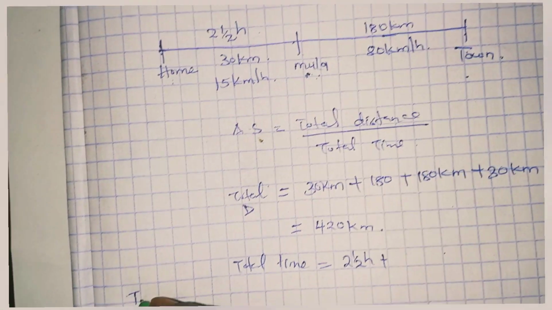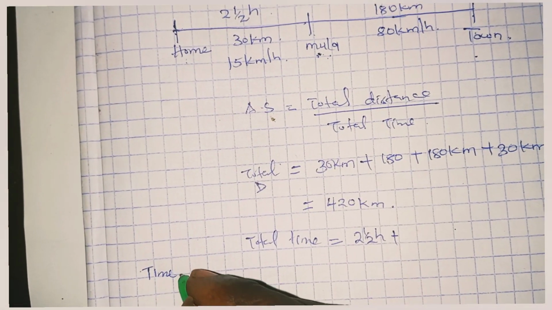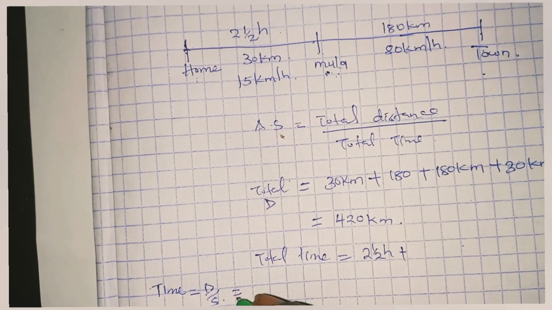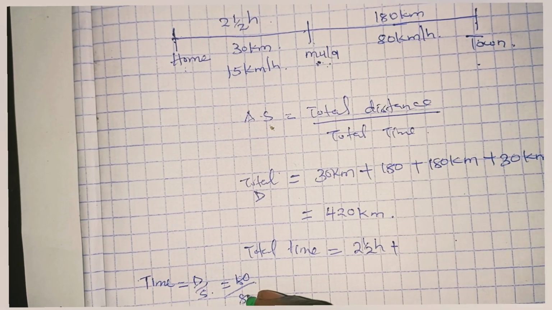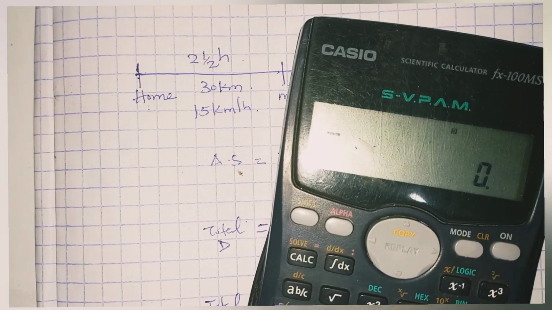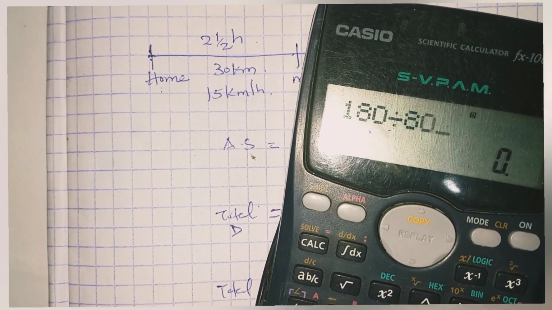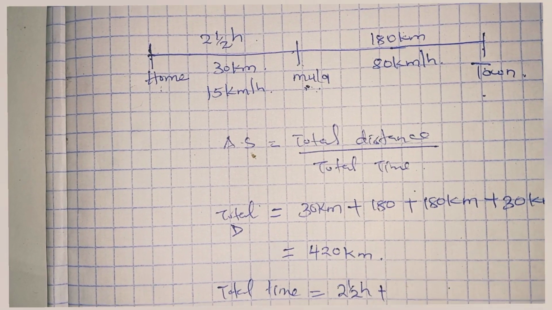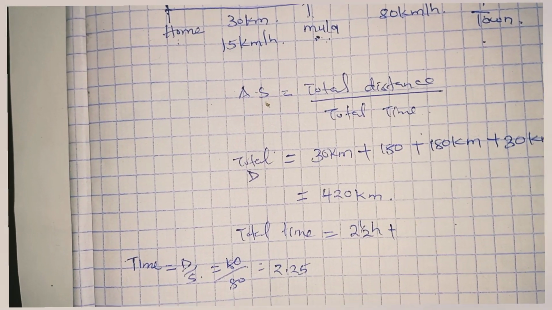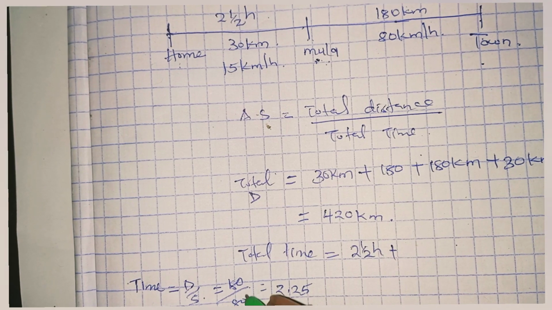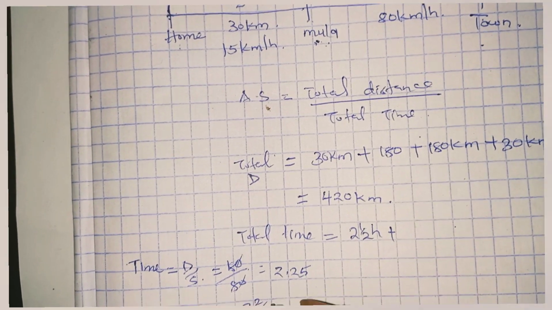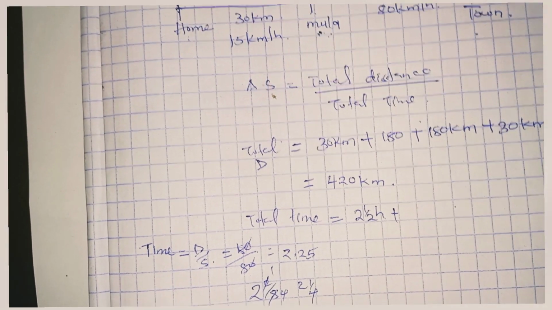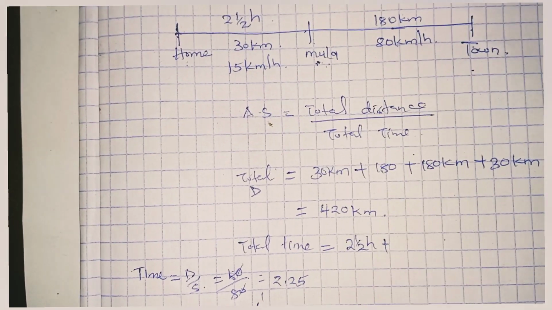So because time is equal to distance divided by speed, that means that 180 divided by 80 will give us the time. 180 divided by 80 is equal to 2.25, or if you like you can say it is 2 and 2 all over 8, which this one can cancel here, so that you are left with 2 1/4. So that one will be the time.